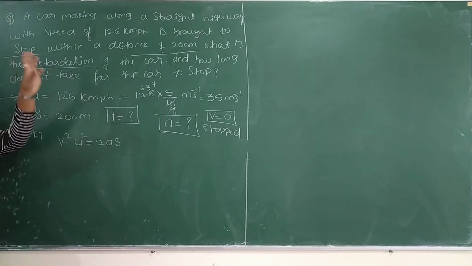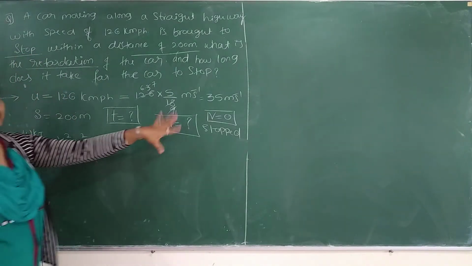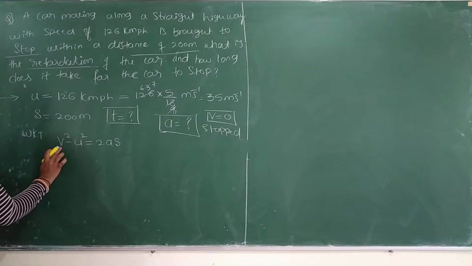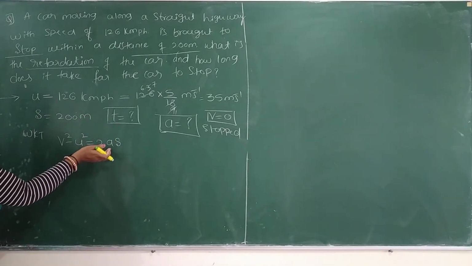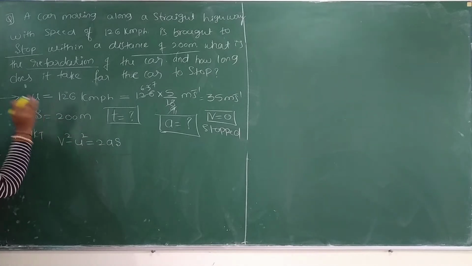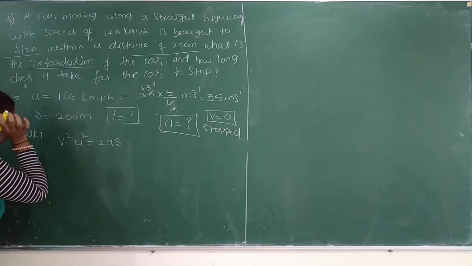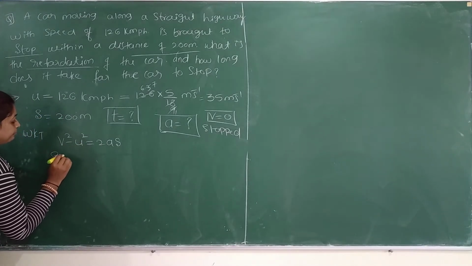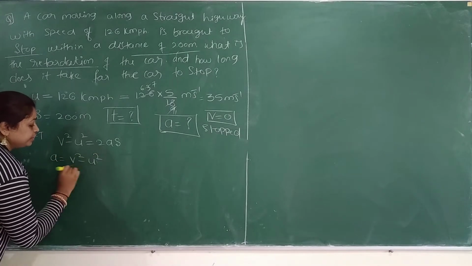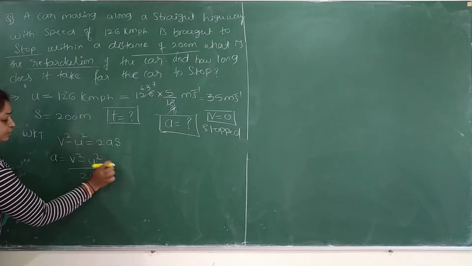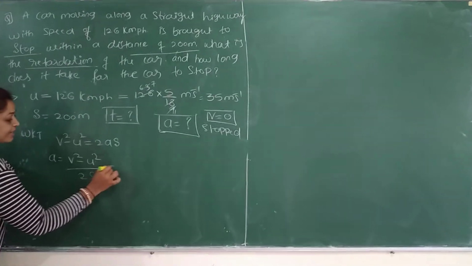Initial velocity is given, 2 is constant, acceleration you have to calculate, and the distance is given. So this can be rearranged as a is equal to v square minus u square divided by 2s. Just substitute the values here.